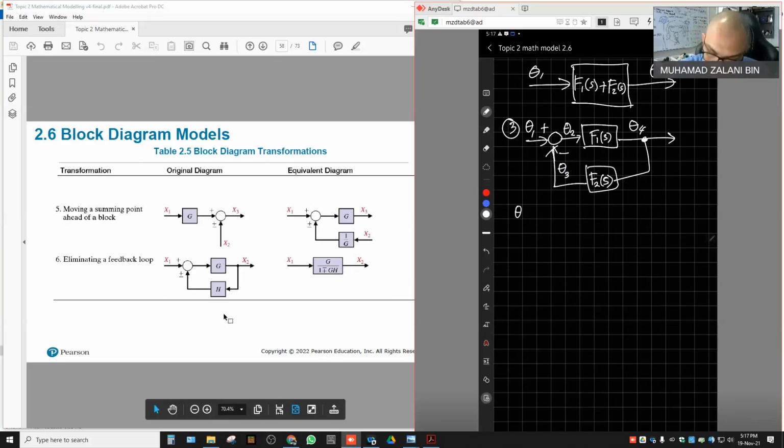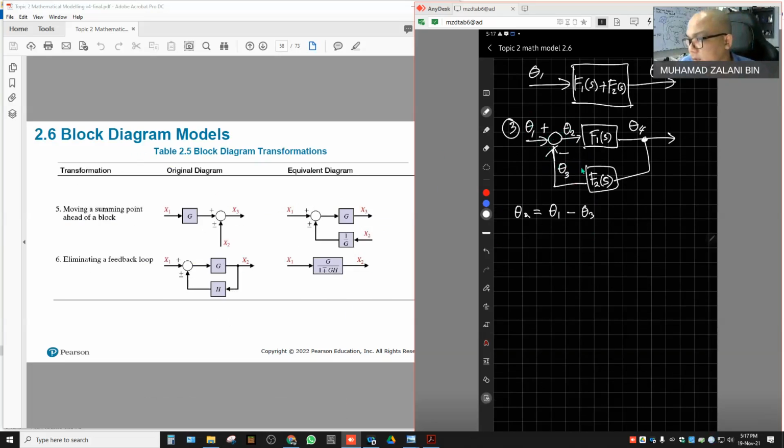X2 equals theta 1 minus theta 3, which is about here. Okay. So how about theta 4? Theta 4 here is F1S theta 2, right? How about theta 3? Similarly, theta 3 is F2S theta 4.